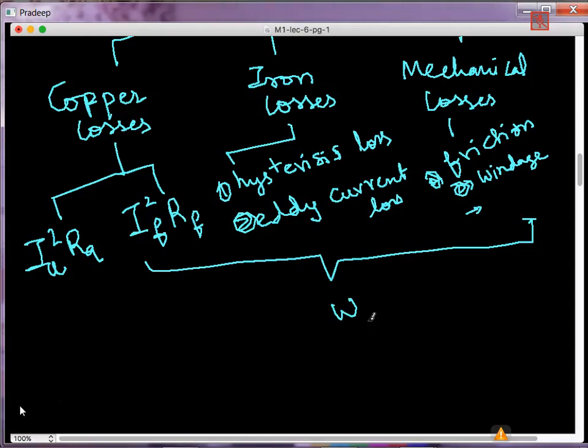So let's define constant losses as WCONST, and the variable losses as WVAR. So variable losses plus constant losses is nothing but total losses, W total.